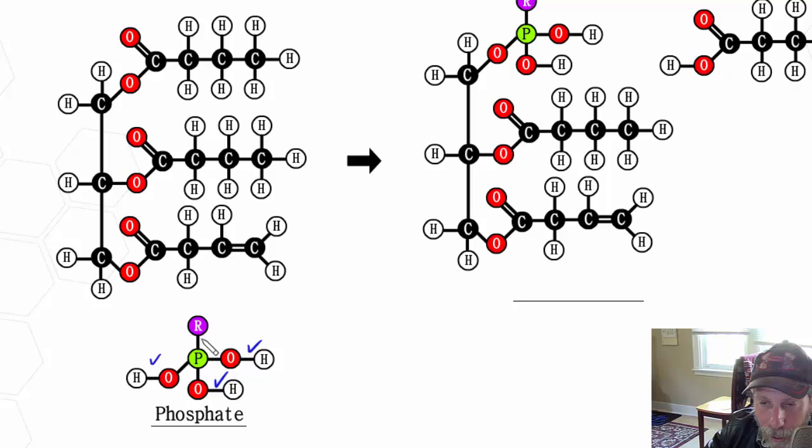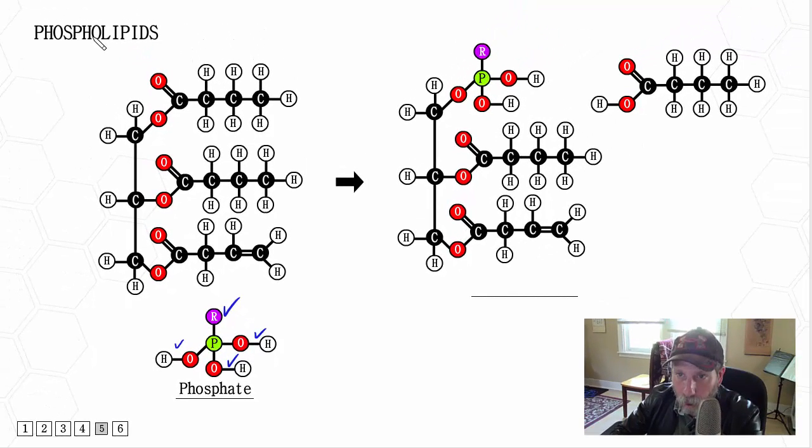Normally, you will see a double bond O on a phosphate group. This particular phosphate is modified. There's an extra carbon group on there. It's a big thing that I didn't want to draw out, and you're probably grateful that I didn't. It's called choline. So it's a little bit more complex than this, but we don't need to know that because the name is phospholipids. This is where the phospho comes from.